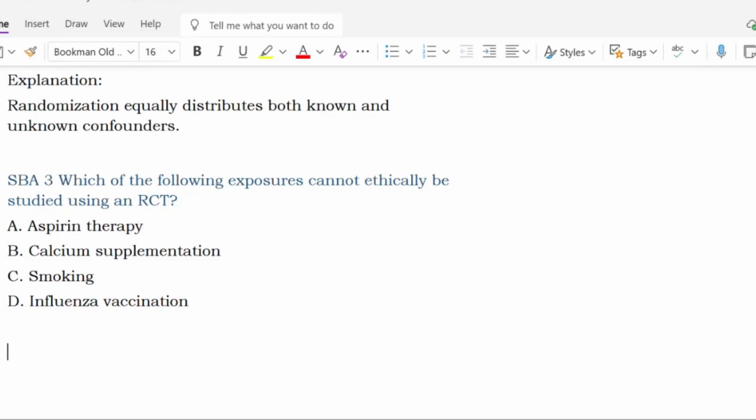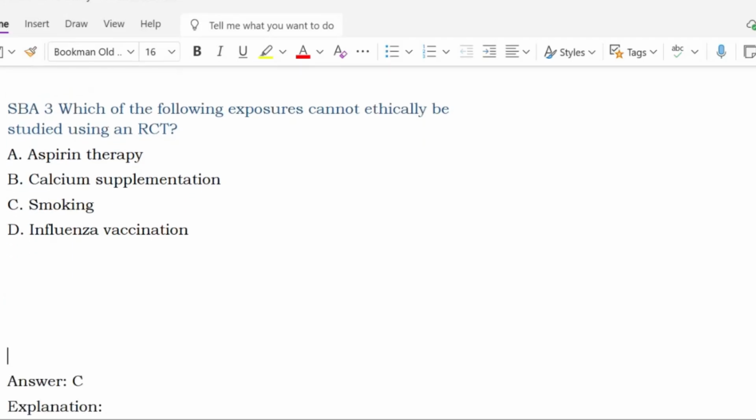Next. Which of the following exposures cannot ethically be studied using an RCT? Aspirin therapy, calcium supplementation, smoking, influenza vaccination. Sir, option C, smoking. Yes.